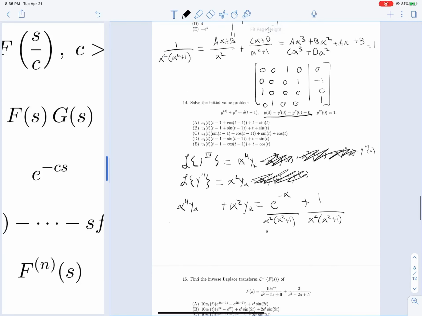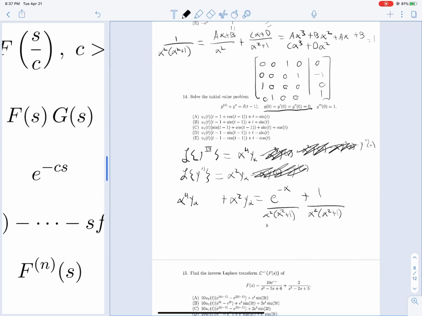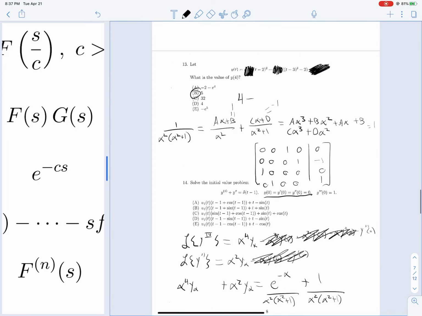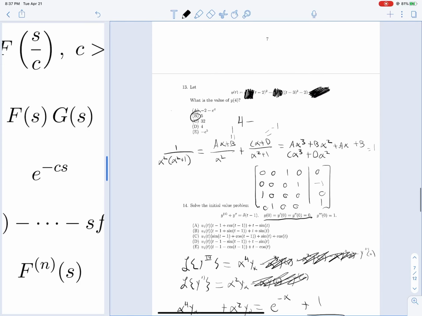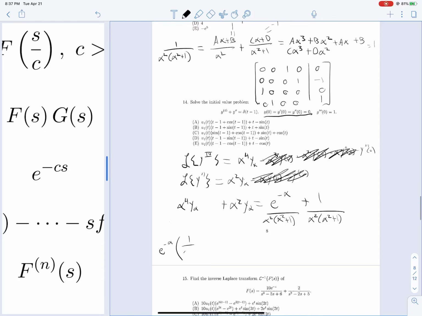So both of these we can rewrite as e to the negative alpha times 1 over alpha squared minus 1 over alpha squared plus 1, and then plus 1 over alpha squared minus 1 over alpha squared plus 1.